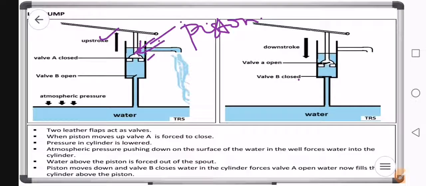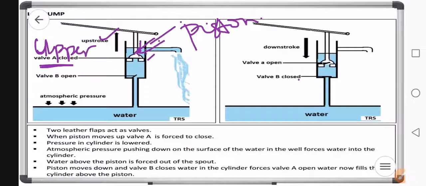During the upstroke, I'm explaining the lift pump. Valve A, which is this one, what is the actual name of valve A? Because it can't be called valve A, okay? What is the real name of this valve? This is called the upper valve.